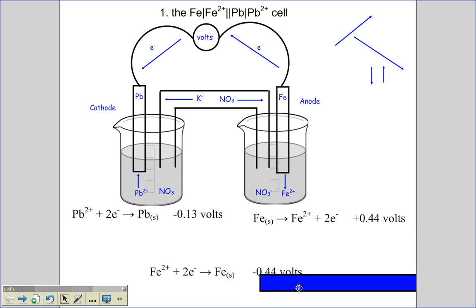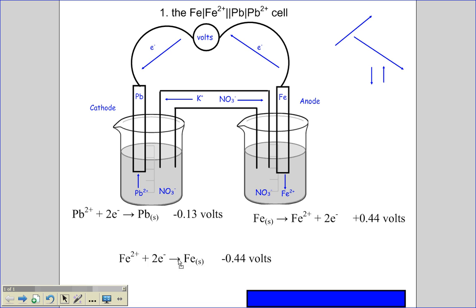So when we look at the original reactions, the top one is the cathode, the bottom one is the anode, and our equation is that the total cell potential is the cathode reduction half minus the anode reduction half. So this will be negative 0.13 minus negative 0.44, and you get a total electrical voltage of 0.31 volts.